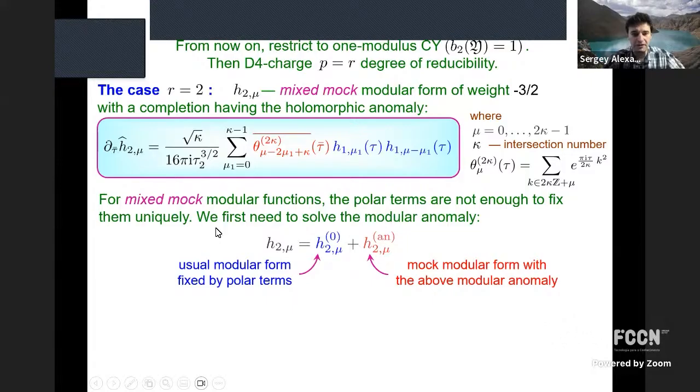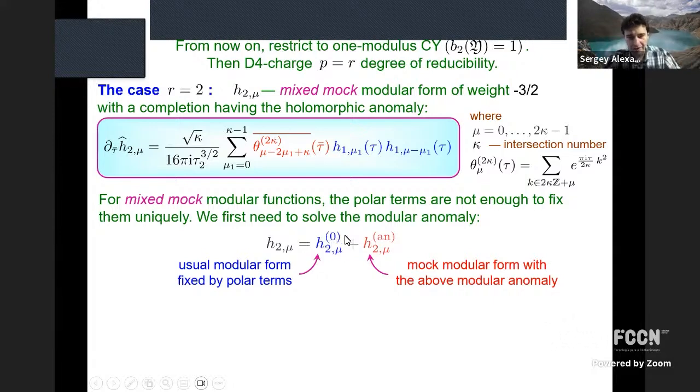Namely, you can proceed in two steps like this. So first, you find just any solution of this modular anomaly equation. So any mock modular form whose completion satisfies this holomorphic anomaly. Of course, you can still add to this solution any pure modular form.